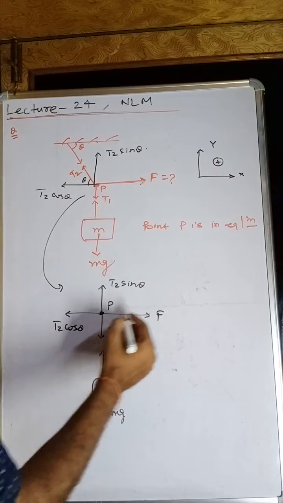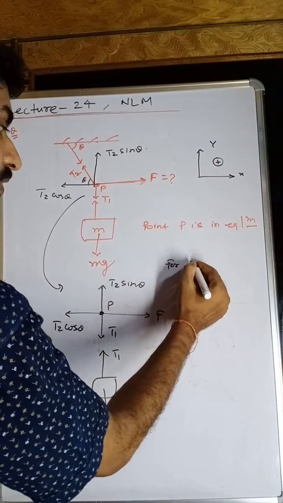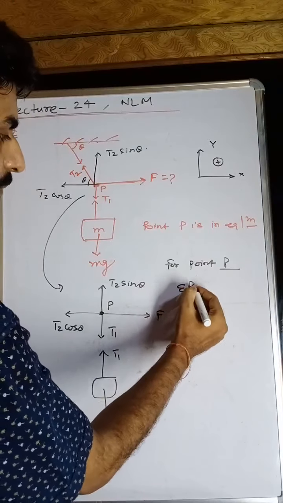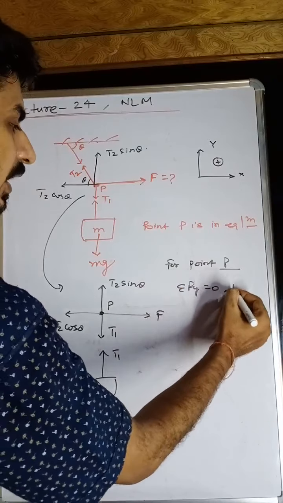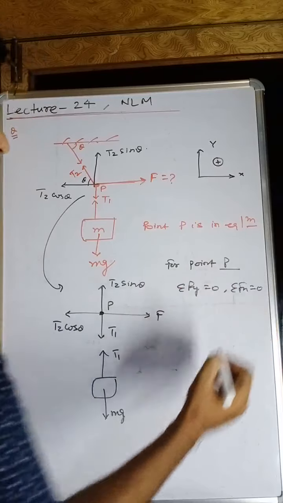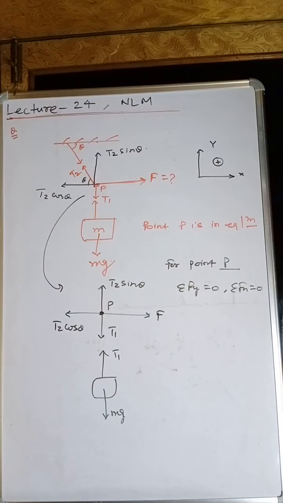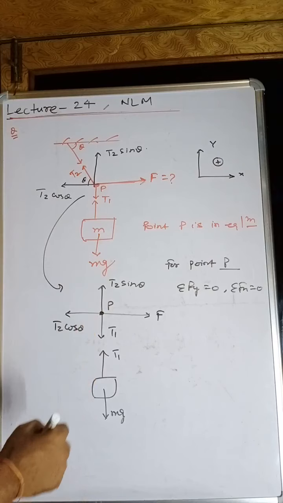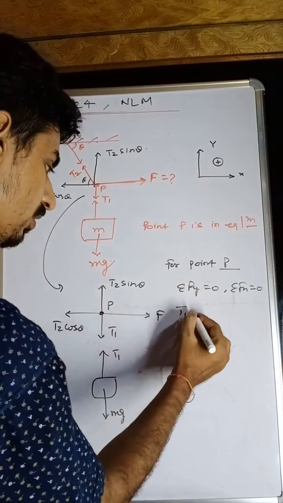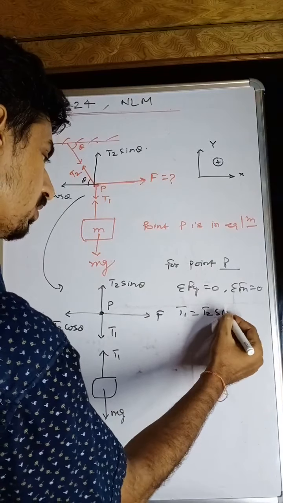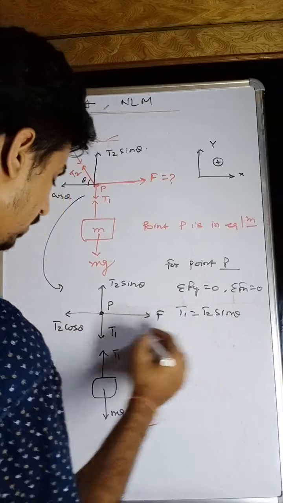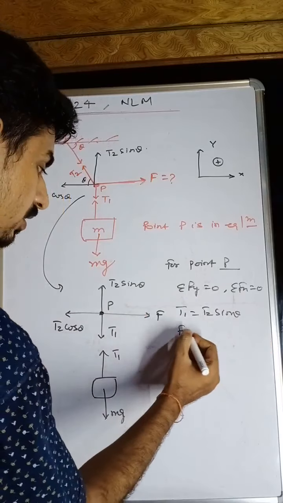For point P, sigma Fy should be 0 and sigma Fx should also be 0. Yes. If sigma Fy is 0, it means T2 sin theta will be balanced by T1. And F will be balanced by T2 cos theta.